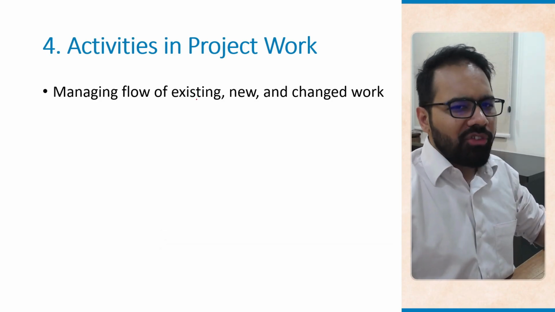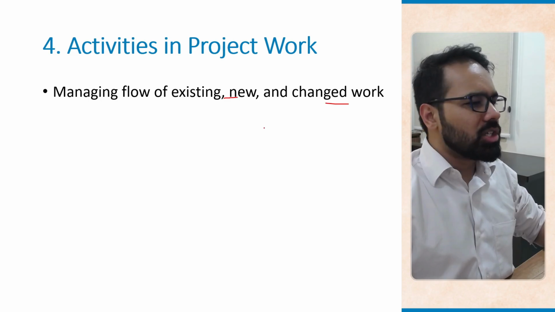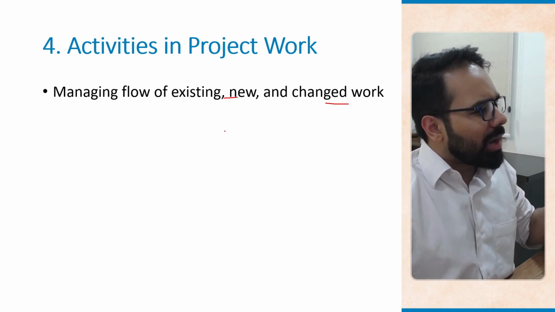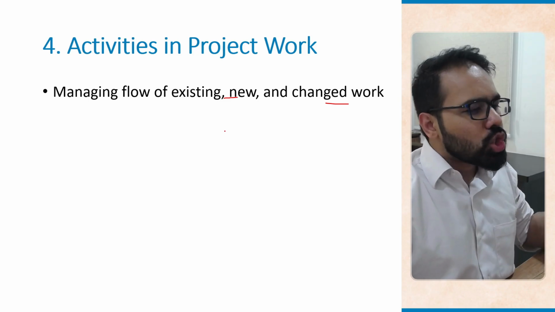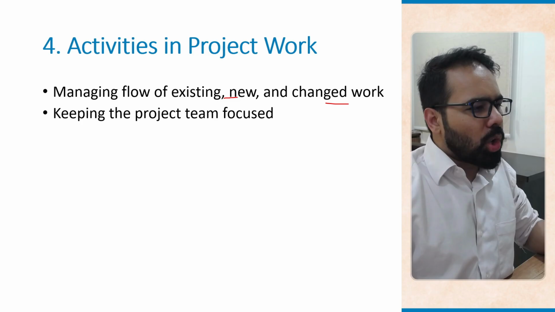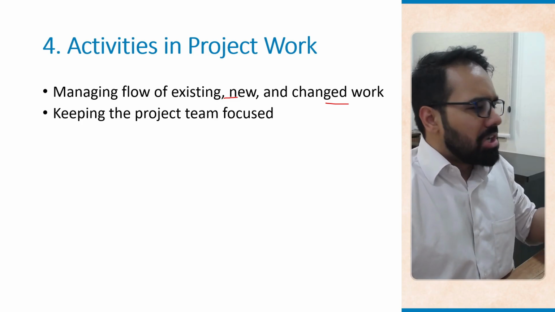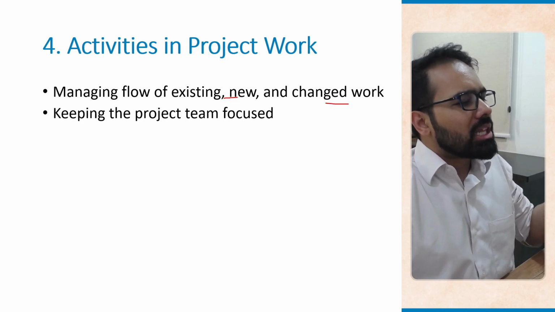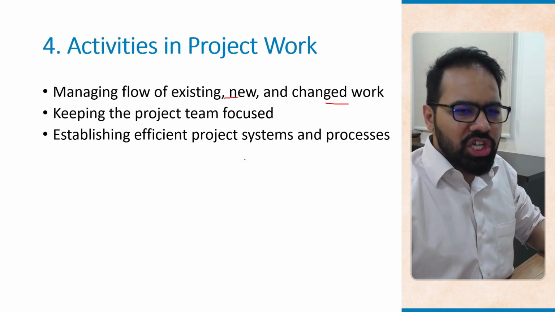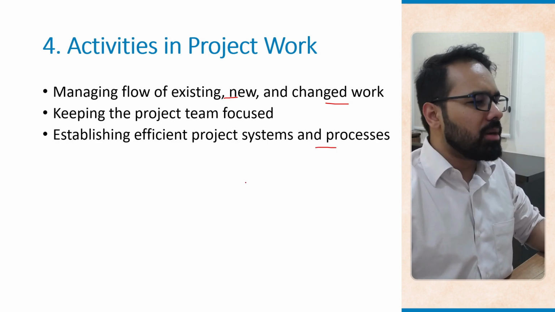Managing flow of existing, new, and changed work is going to ensure that tasks are prioritized correctly and scope changes are integrated smoothly. Keeping the project team focused means reducing distractions and ensuring the team is aligned with the project goals. Establishing efficient project systems and processes.